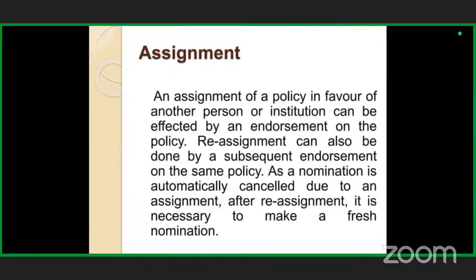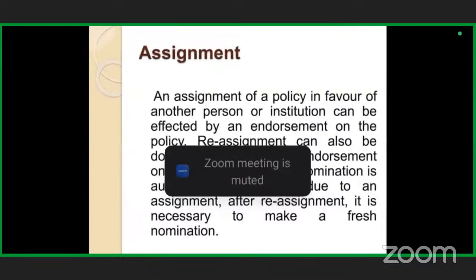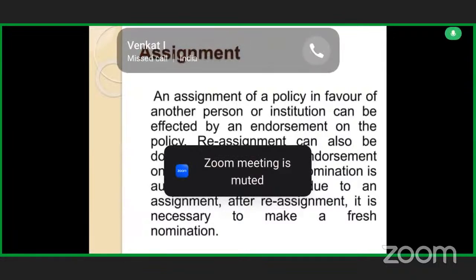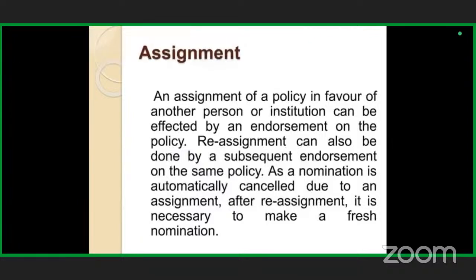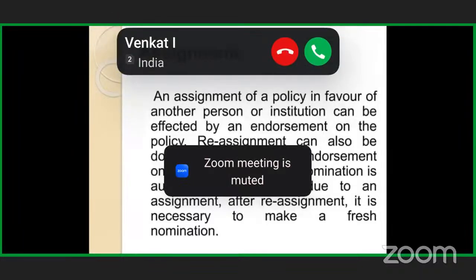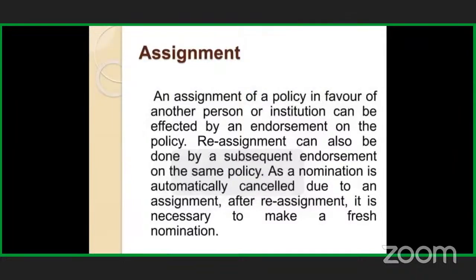As a nomination is automatically cancelled due to an assignment, after reassignment it is necessary to make a fresh nomination.